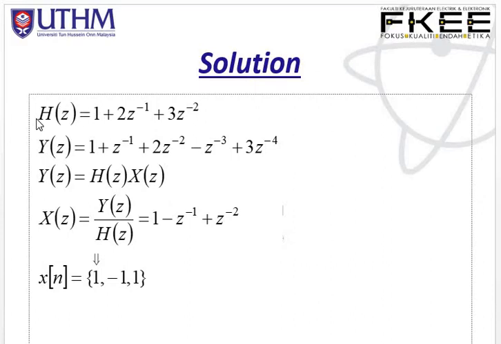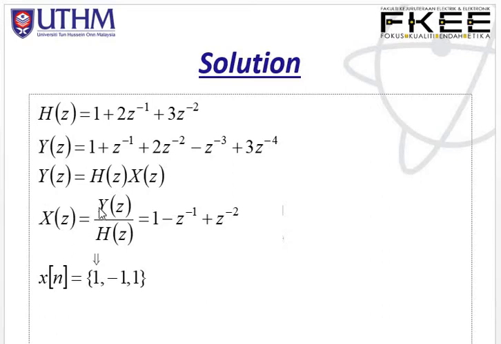So we transform the input h[n] to the z transform H(z). I believe that all of you know how to transform a numerical sequence into the z transform. And y[n] to Y(z), so we have this. Y(z) is equal to H(z) multiplied with X(z).